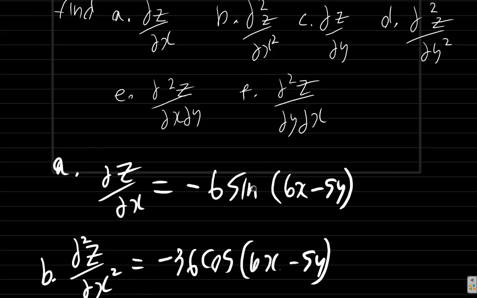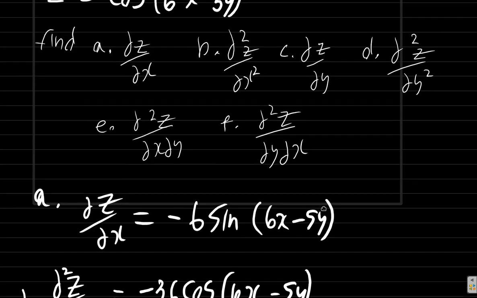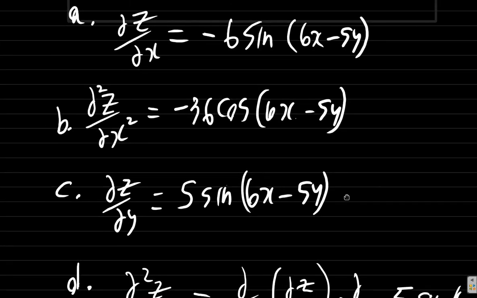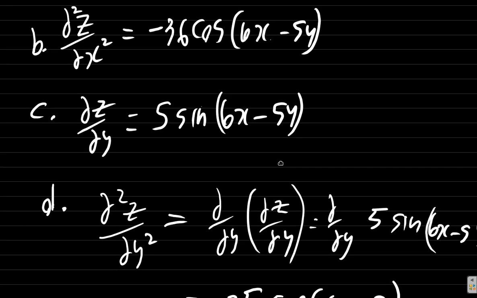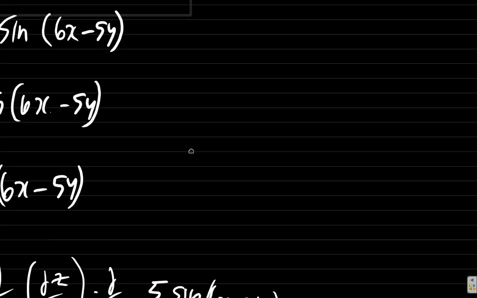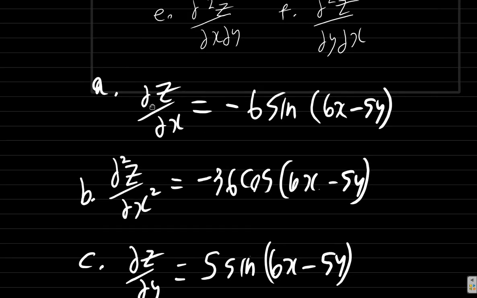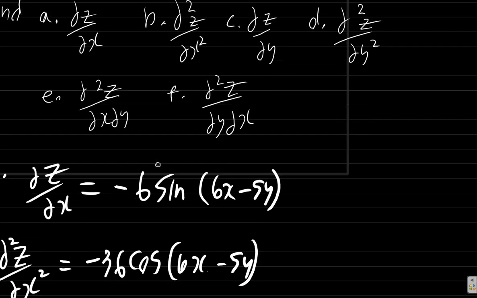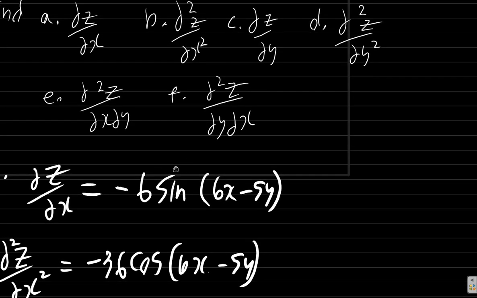Now, let us look at the delta square z by delta x delta y. Alright. If we can work them out over here. We know that delta z by delta x is this.